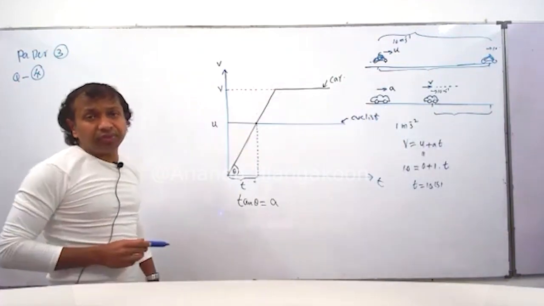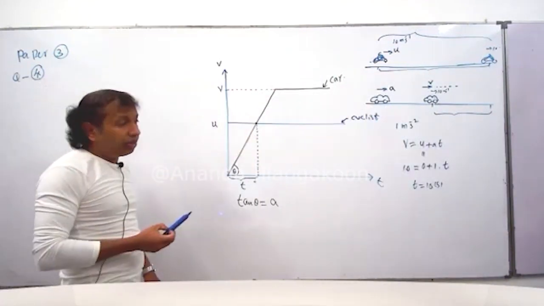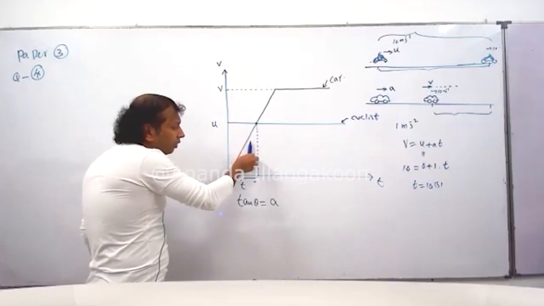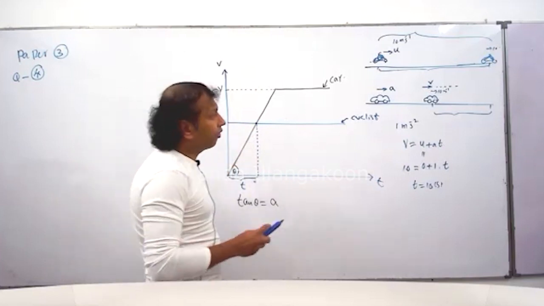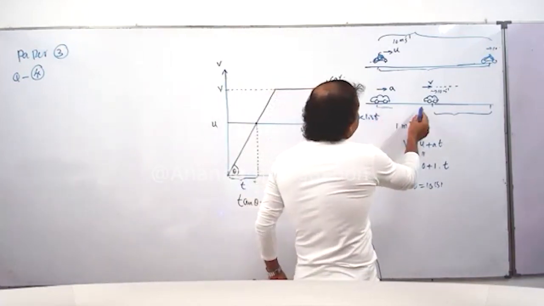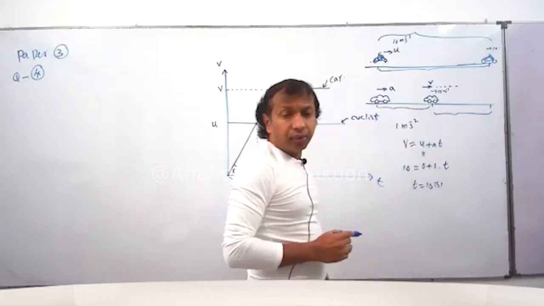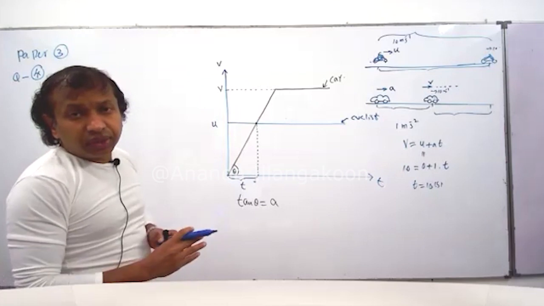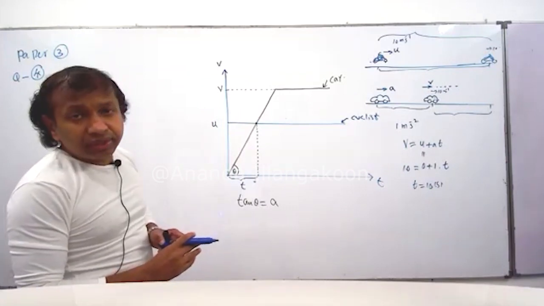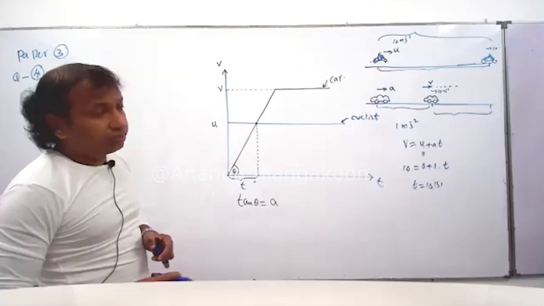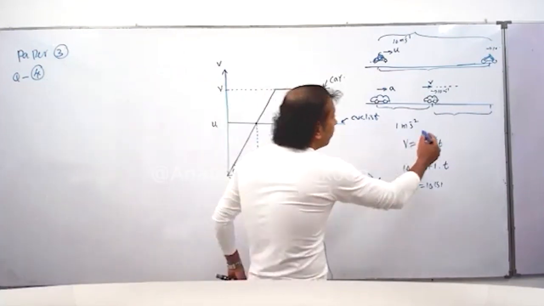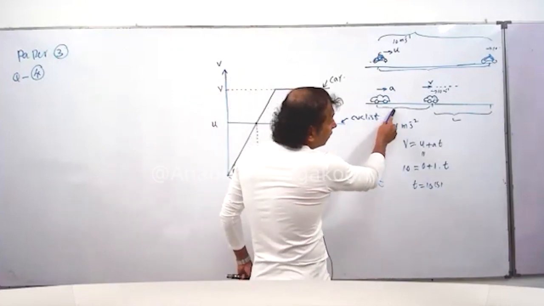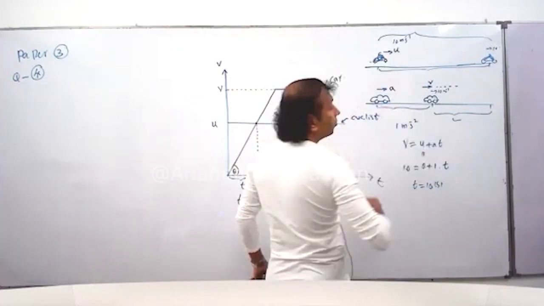During the same time interval, the displacement traveled by the car is given by the area below this black line, this triangular area. Then, when they have the same velocity, the gap between the cyclist and the motor car can easily be found by subtracting this from this.